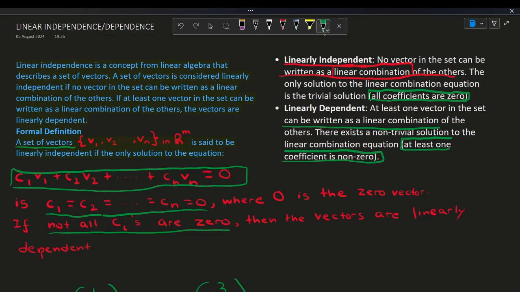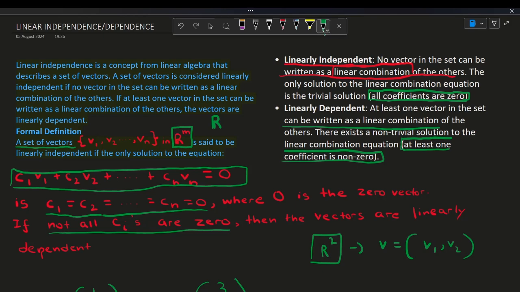If you are first wondering what Rm is, I'll explain it right now. The symbol R just denotes the set of real numbers, and let's take R2 for example. R2 means a two-dimensional Euclidean space, and in R2, a vector can be written as v1, comma v2, where v1 and v2 are both real numbers.